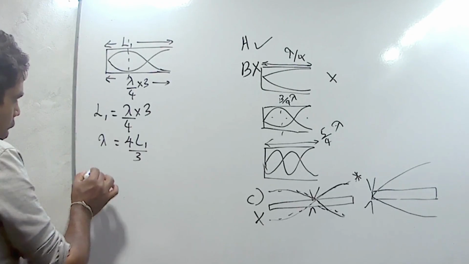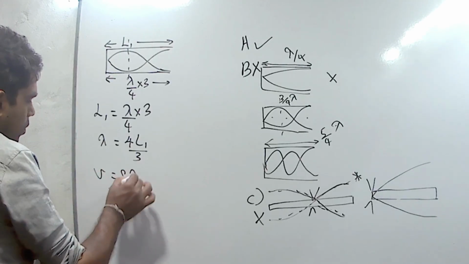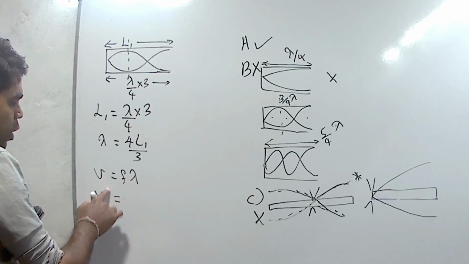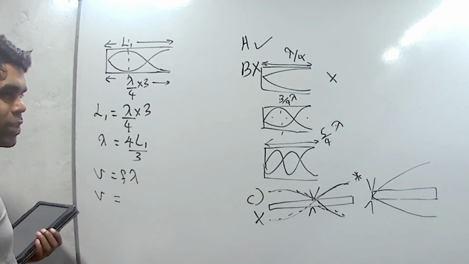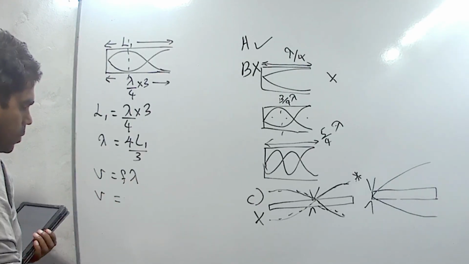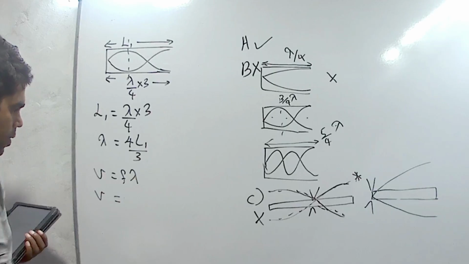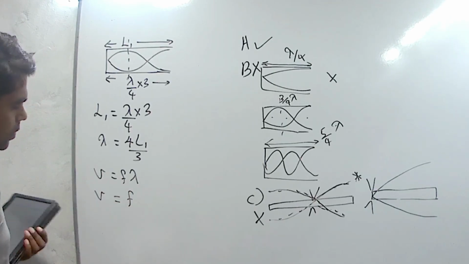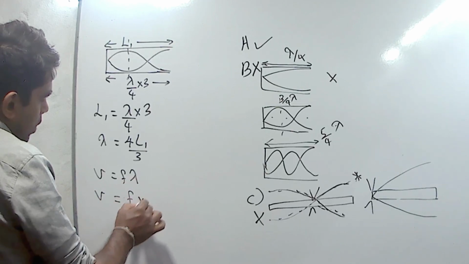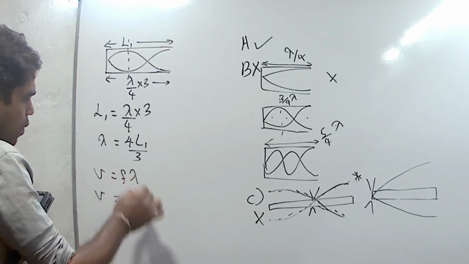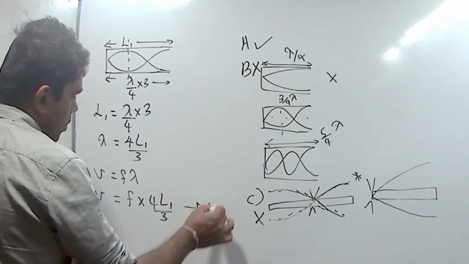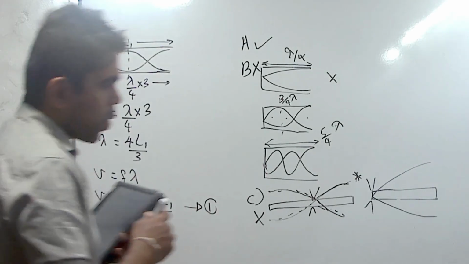We can use V equals F lambda for this tube. V is the velocity of sound in air. It is not changing with tube type. It is constant. They have given that there is the same frequency. We can take F as the frequency. Wavelength is 4L1 over 3. Now I will consider the open tube.